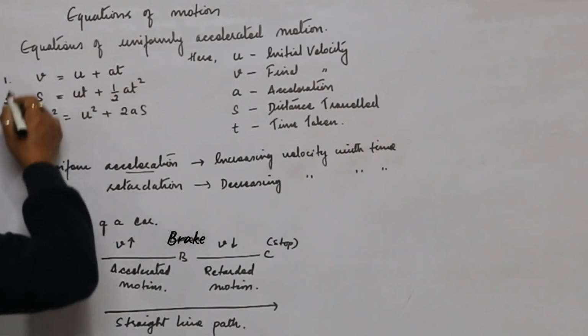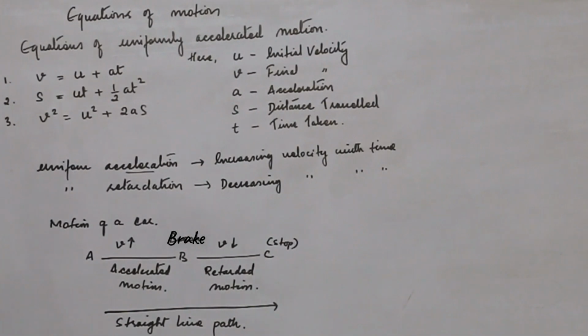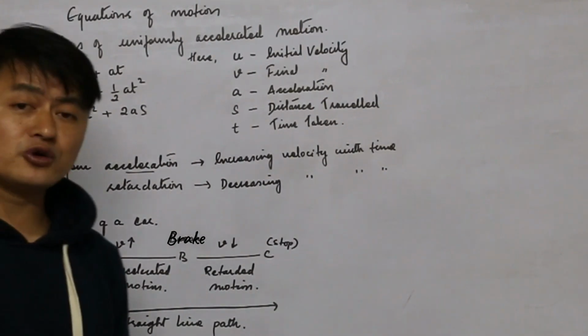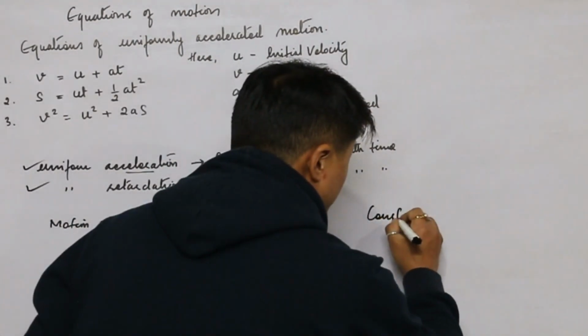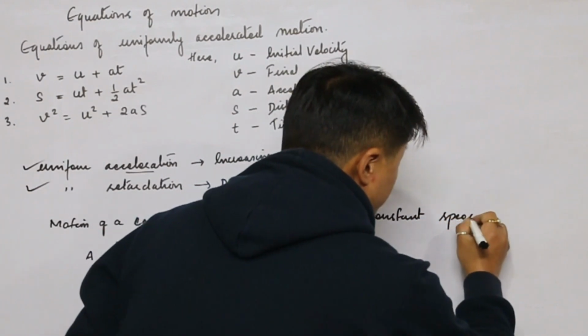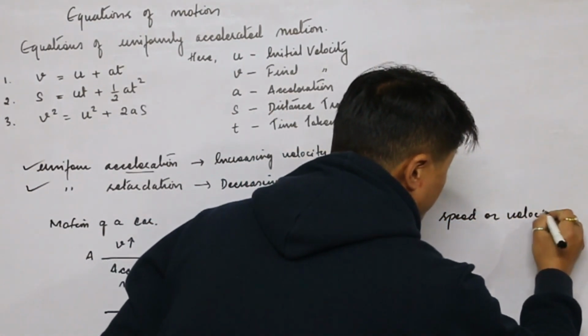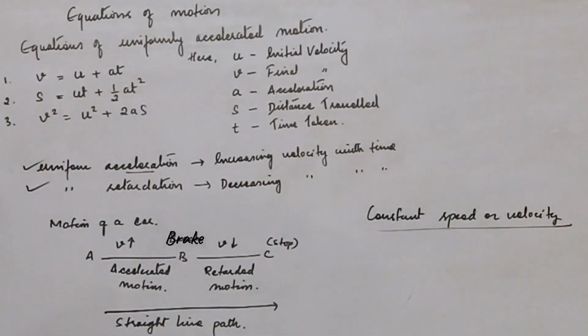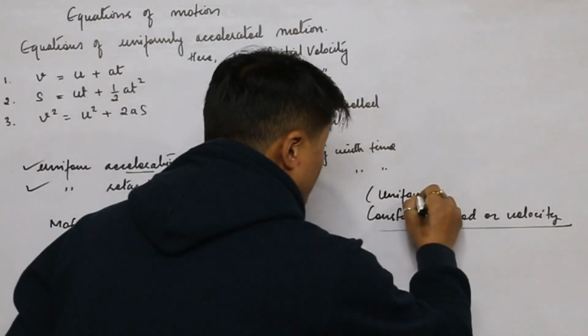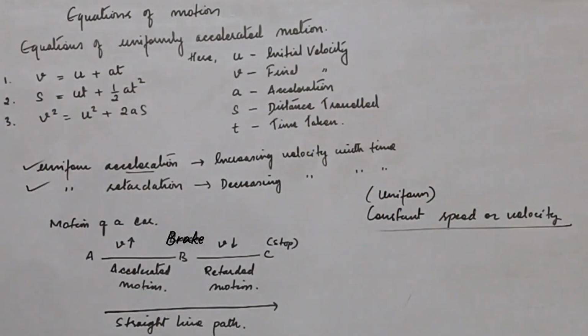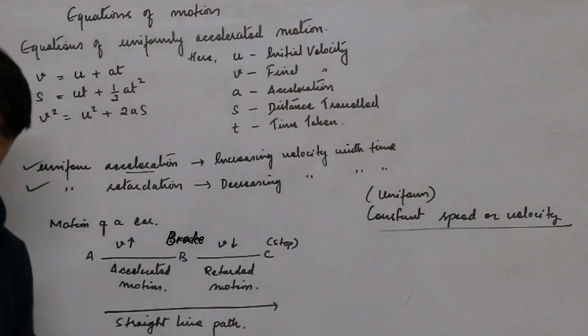So we can use these equations only in such cases when the body is moving with uniform acceleration or uniform retardation. We also find sometimes in the question that the body is moving with constant speed or velocity, or uniform speed or uniform velocity. In such cases the acceleration of the body will be 0.